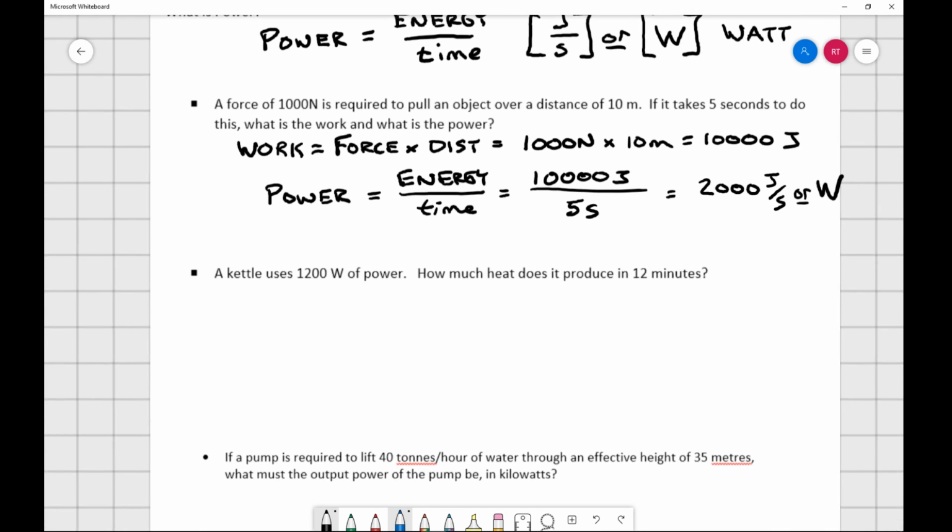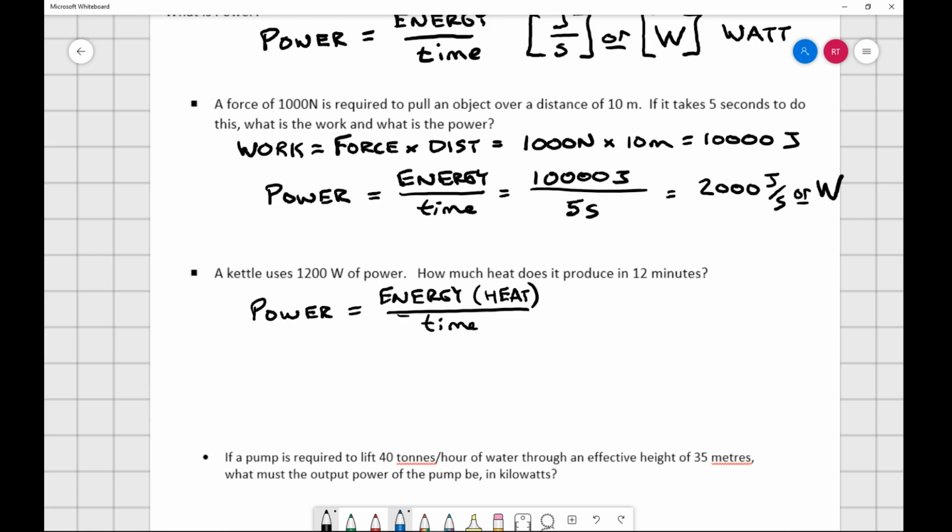Okay, we have a kettle, and on the kettle it has a rating of 1,200 watts. How much heat could it produce if we let it run for 12 minutes? So in this case, we have power equal to energy, or I guess our heat, by time.